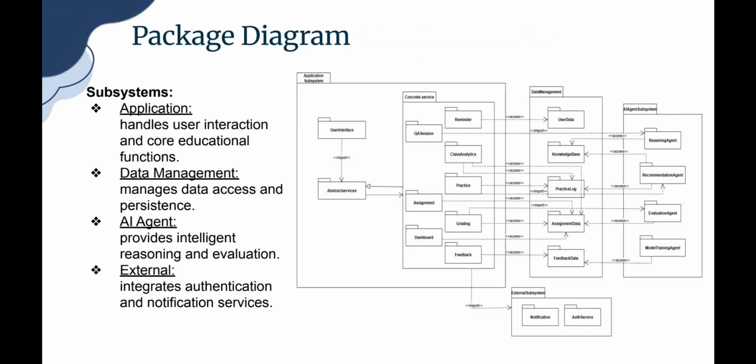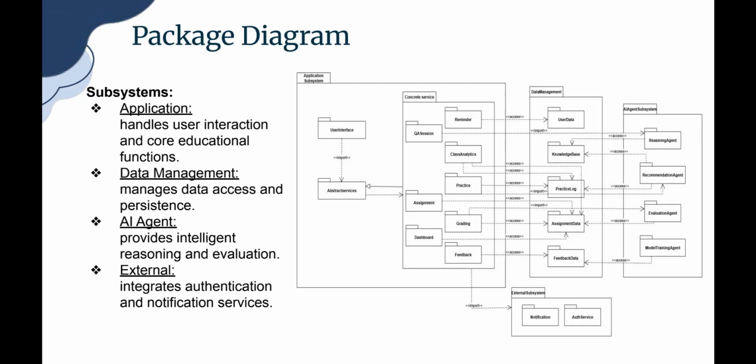This is our package diagram. It shows the logical architecture of our system. The system is organized into 4 main subsystems: application, data management, AI agent, and external service. The application subsystem handles user interaction and core functions such as assignment publishing, grading, and class analysis.